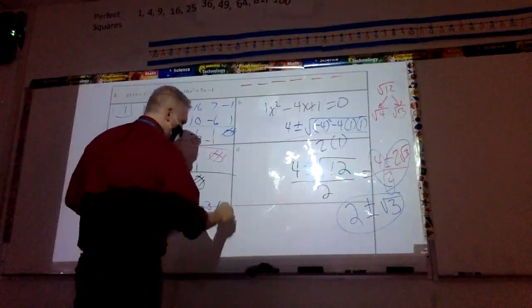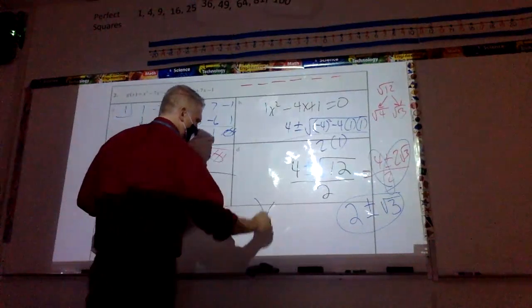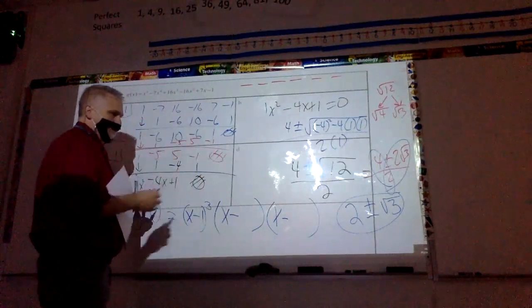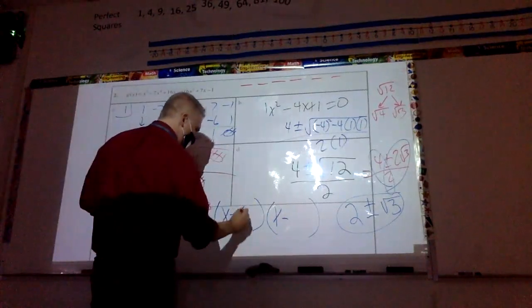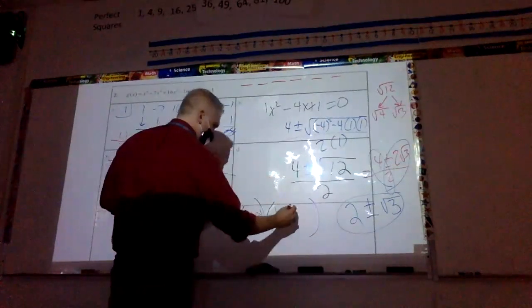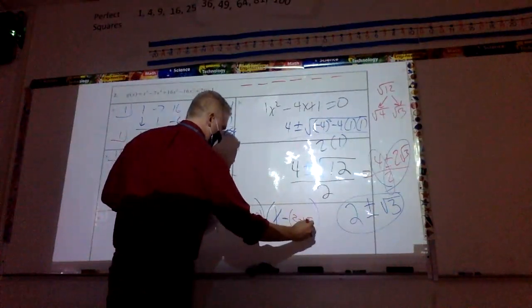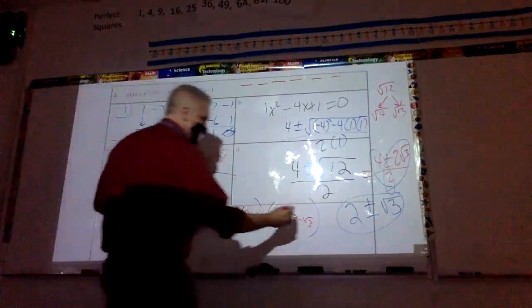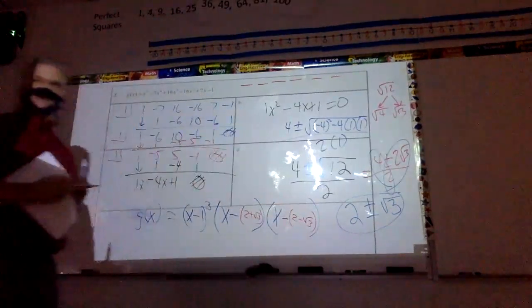It's x minus one of them times x minus the other one. Okay, so we've got 2 plus root 3 and 2 minus root 3. There you go. That is an acceptable answer right there.